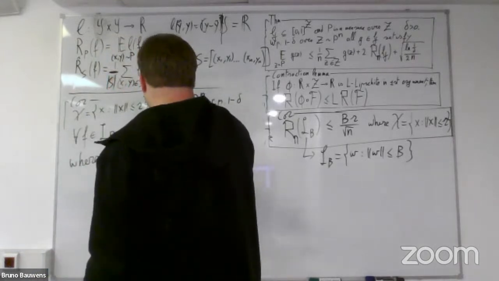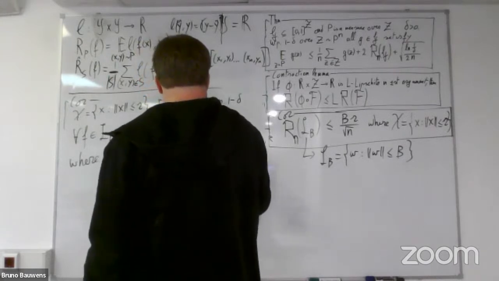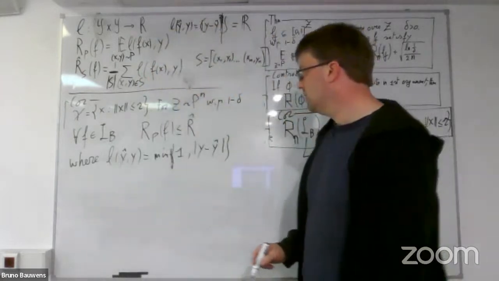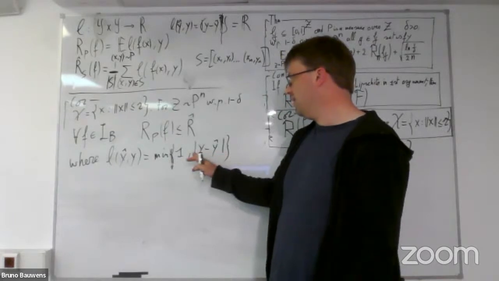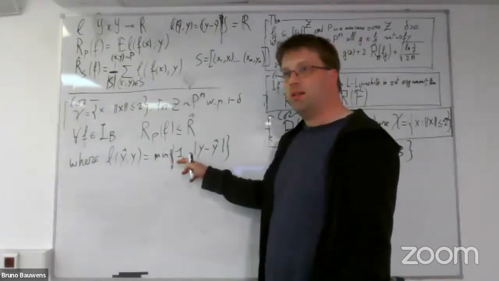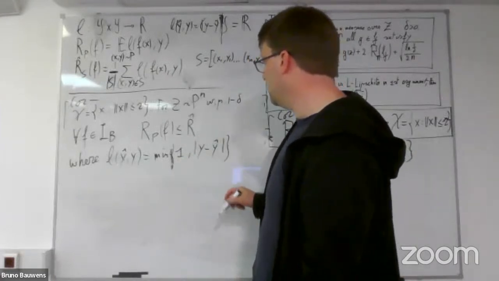An artificial loss function just to get a simple result. Actually, the absolute value norm is not artificial, but I clipped it to 1 artificially just to get rid of some annoying thing.